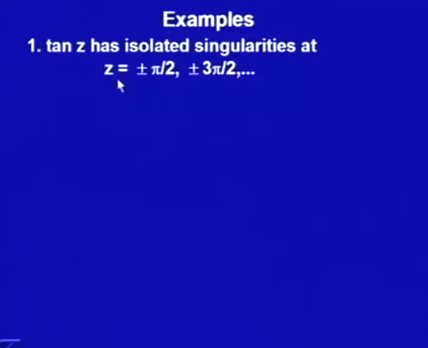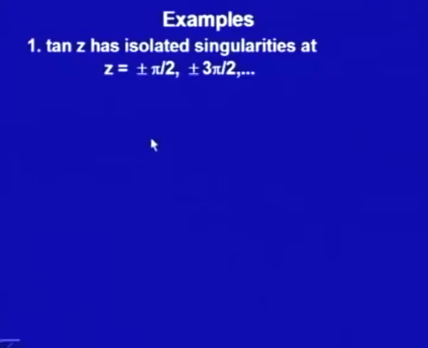If I take pi by 2, for example, then tan z is not analytic at pi by 2, but pi by 2 is the only point at which it is not analytic. At any point in the neighborhood of pi by 2, tan z is analytic. So, it has an isolated singularity at pi by 2. Similarly, we can check for each of these points.